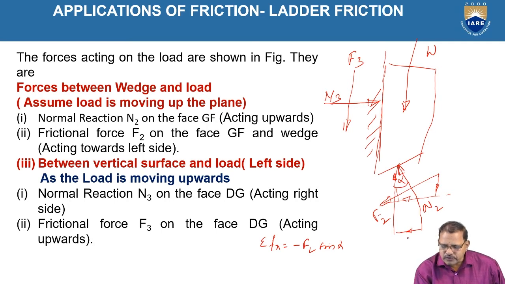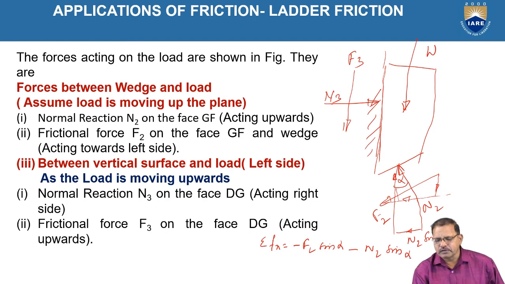So this is N2 sin alpha, and F2 is there toward the right side, toward left side, positive. Similarly, N2 sin alpha, it is also toward the left side and positive, and a normal reaction is there, it is towards the right side, it should be equal to 0 required.